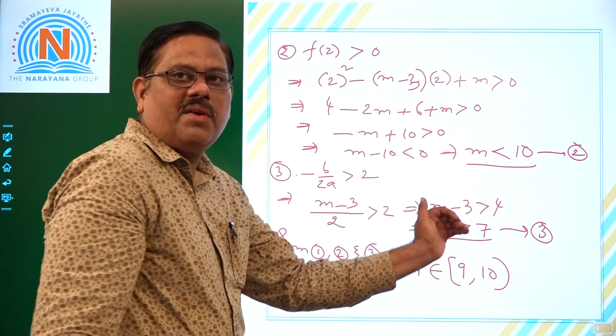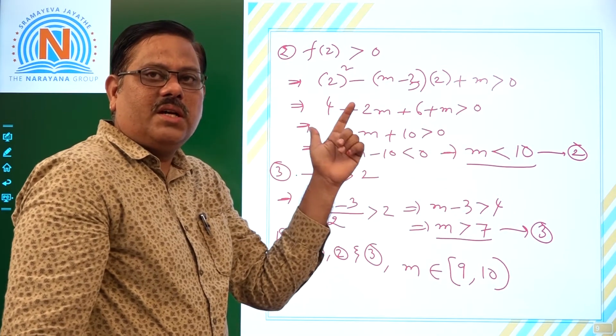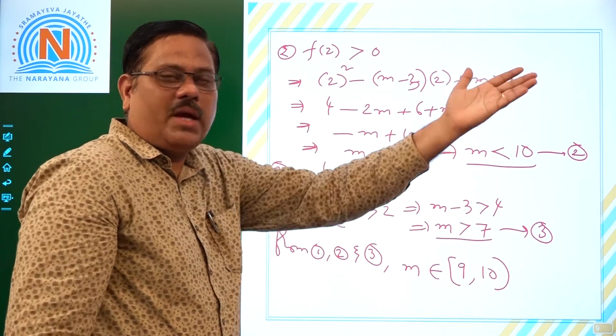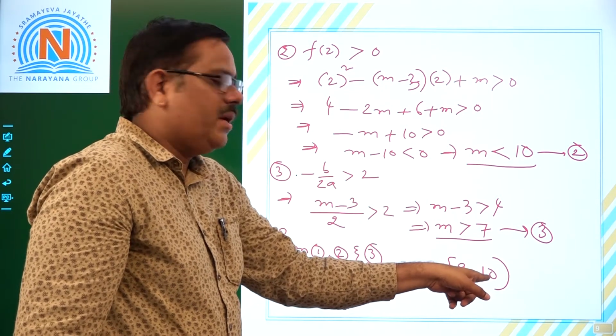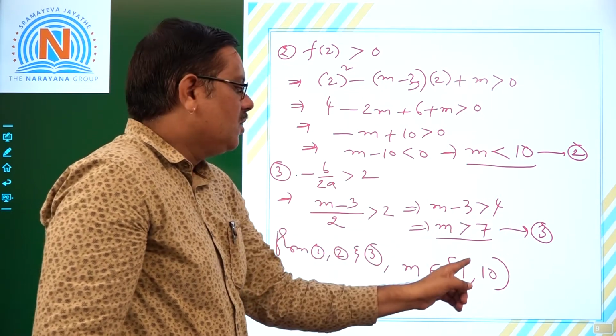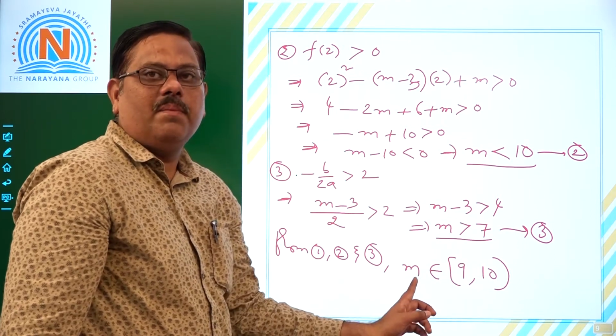According to the third condition, m can be any value more than 7. According to the first condition, m can be any value more than or equal to 9. But here we have a restriction: m is less than 10. So m can be taken up to 10, that is open. So closed 9 comma 10, that is m.